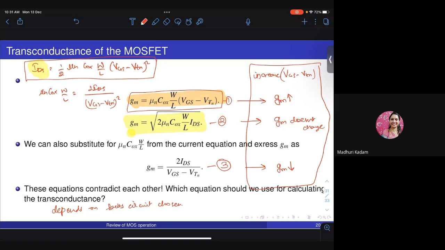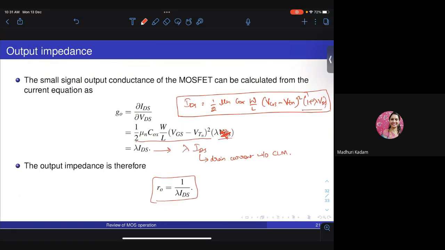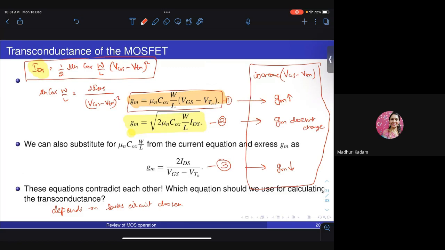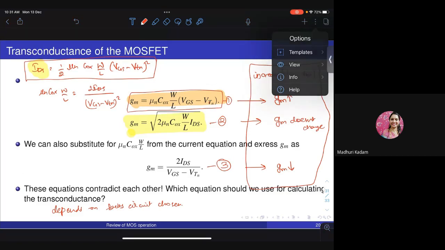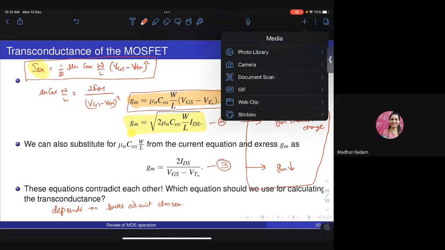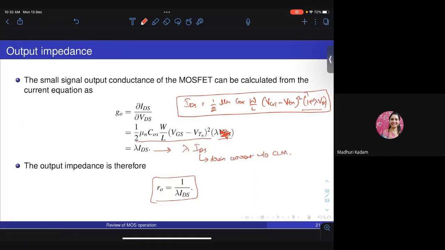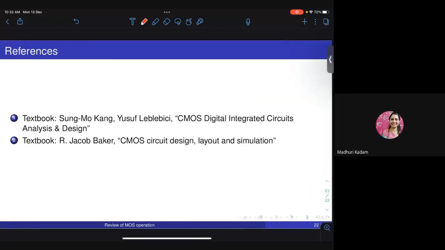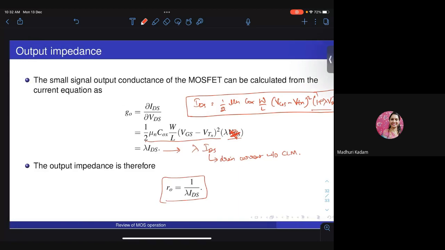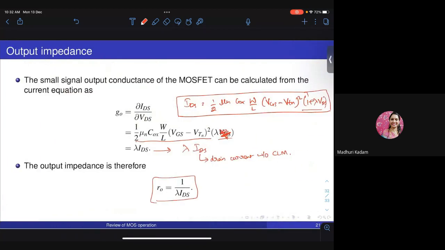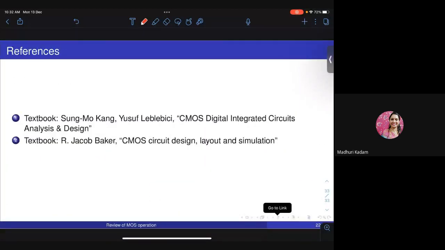How the 3 equations come should be clear, that is understood. So for example, let me just use this space here.